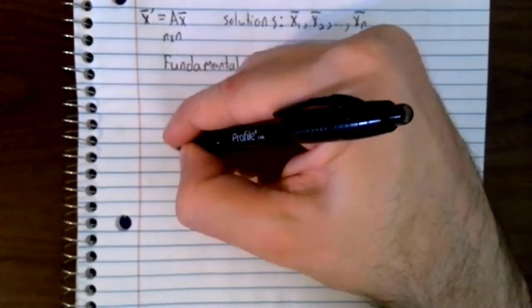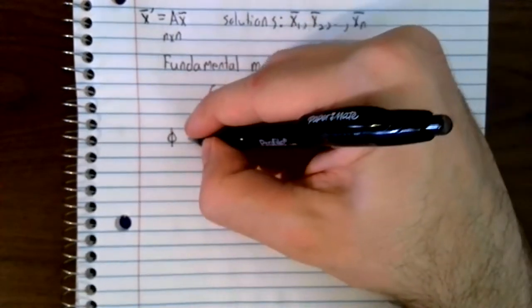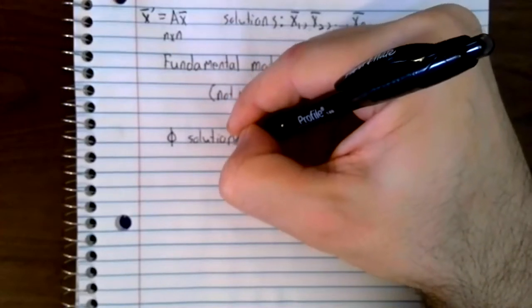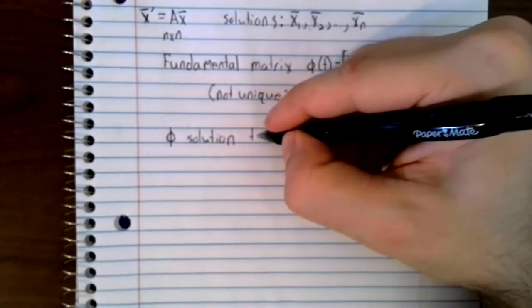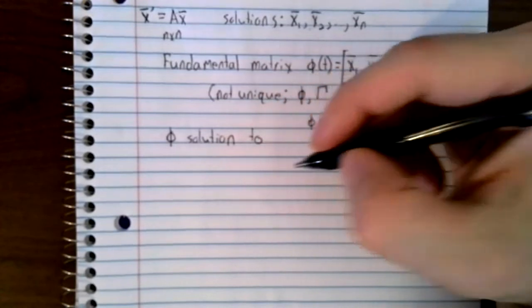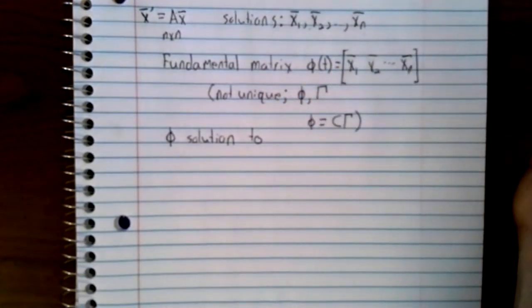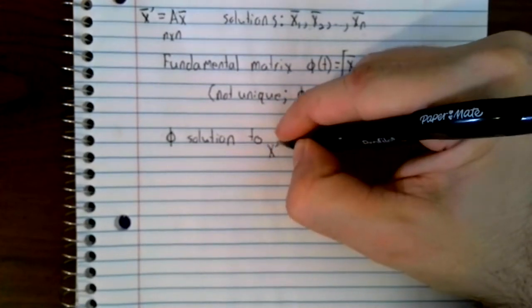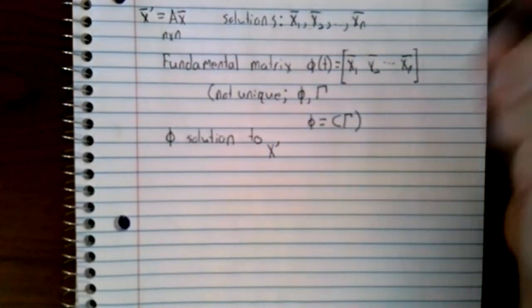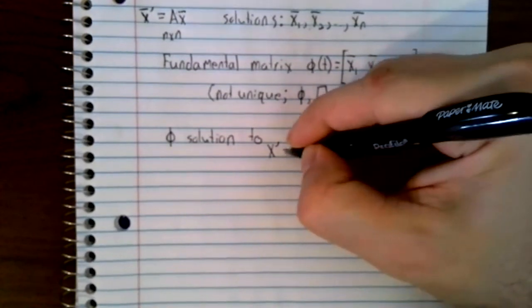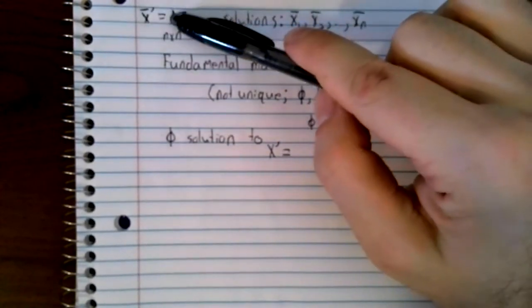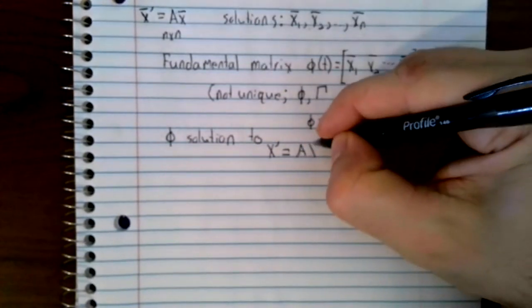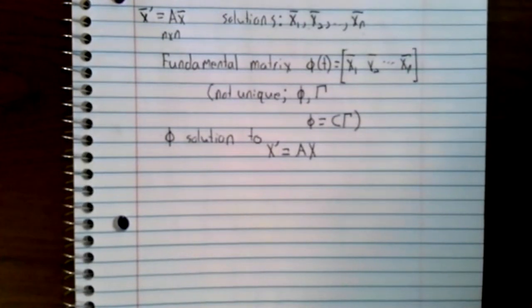Then phi is a solution to the corresponding matrix differential equation. The derivative of a matrix equals the same matrix A times that matrix.